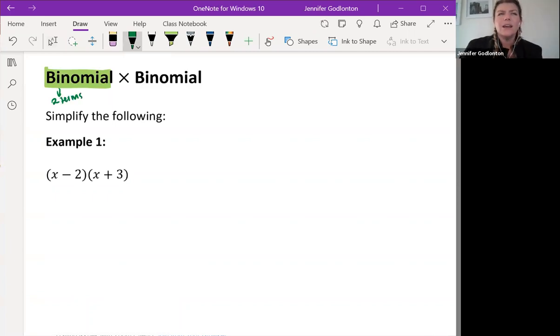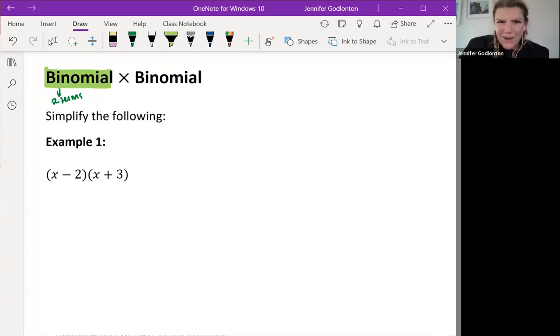So if you think of words like bicycle has two wheels, it's just saying that there are two terms, okay? Monomial, that's saying that there's one term. Trinomial, that's saying that there are three terms. Okay, so binomial just means that there's two. So what that means is I've got two terms over there, and then I've got two terms over there. So I'm multiplying a binomial by another binomial.